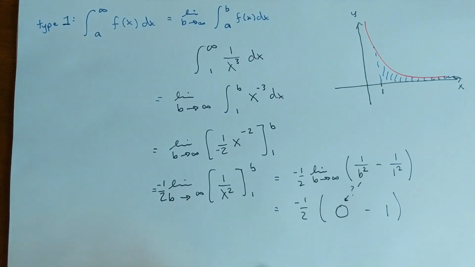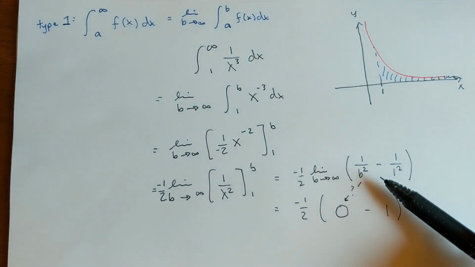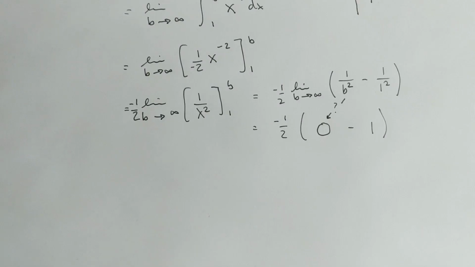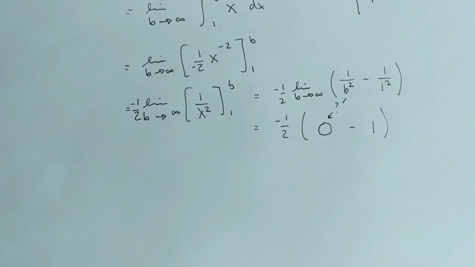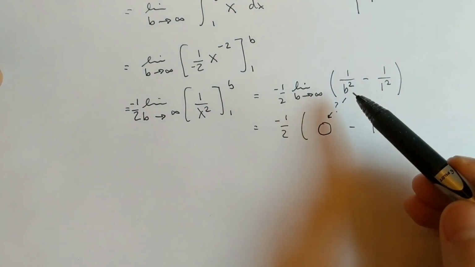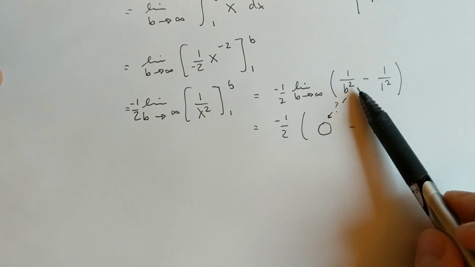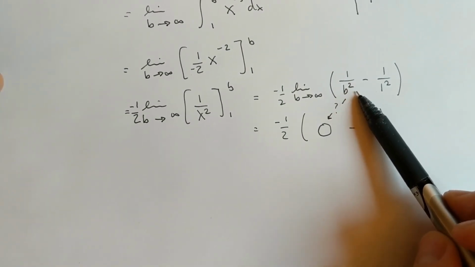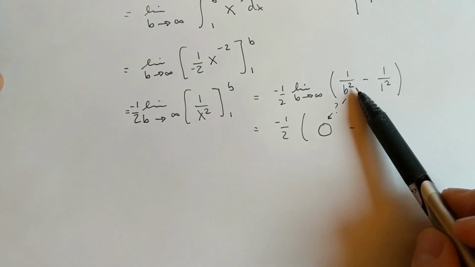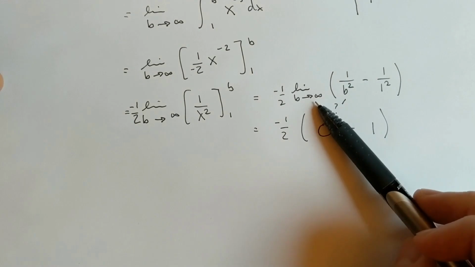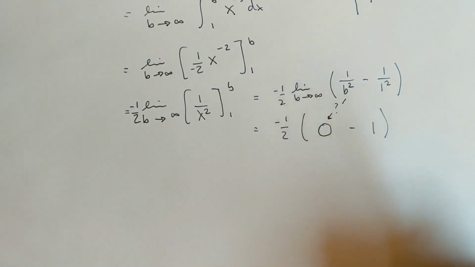But in most cases we're going to have either something obviously going to 0 because the bottom of the fraction is growing very large and the top is constant, or something obviously going to infinity because the top is changing and the bottom is constant.